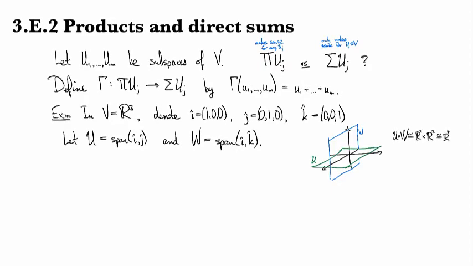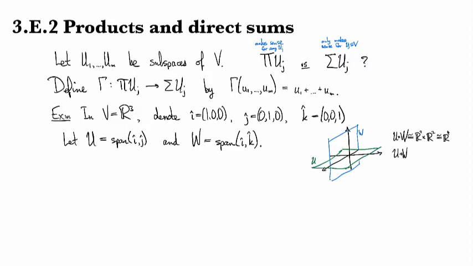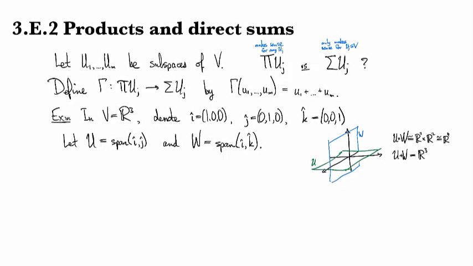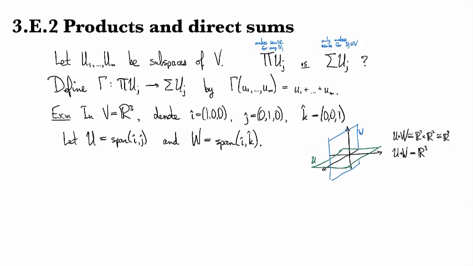On the other hand, if you look rather at the sum of U and W, then what you end up with is all of R3. And so this sum is not a direct sum because, in fact, U and W have something in common that's non-zero. And that something is the x-axis, which you can see from the picture.